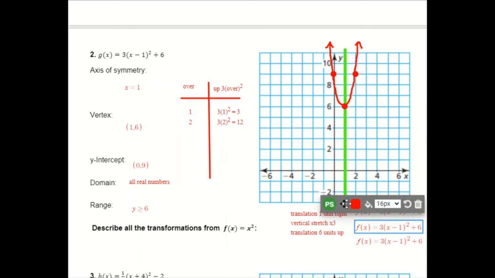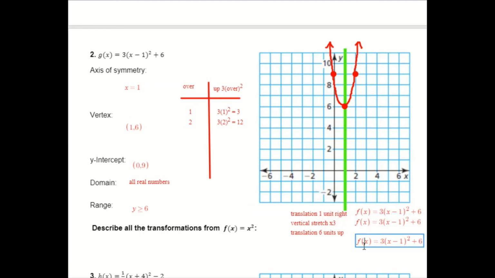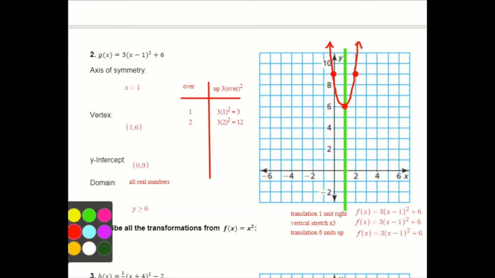And if you're not sure, you can always look back at these problems as examples to see where they're coming from. So the 1 unit to the right is being caused by this, and the vertical stretch by 3. This one's a little bit more obvious because all the numbers are different, but I just want to highlight that one more time.